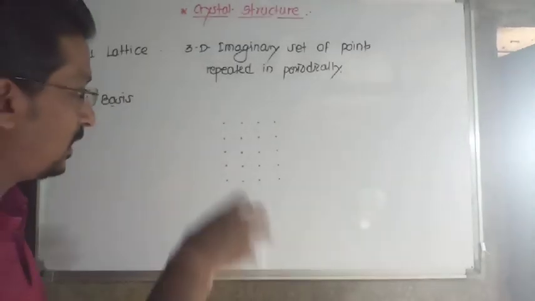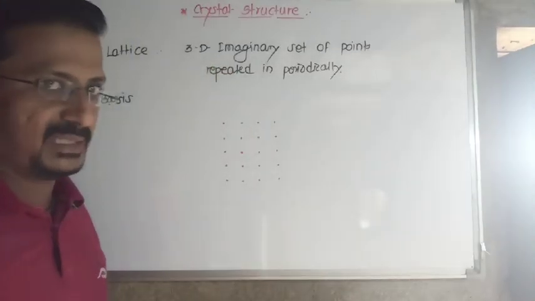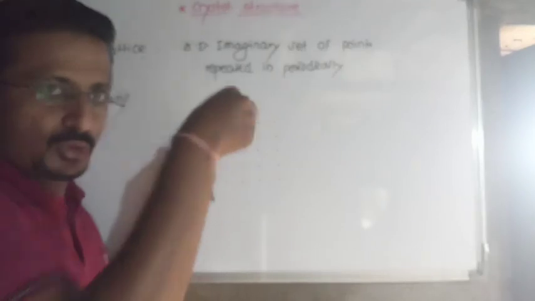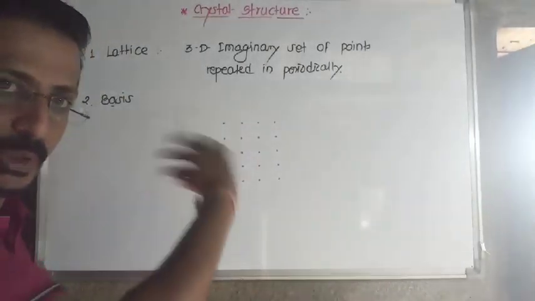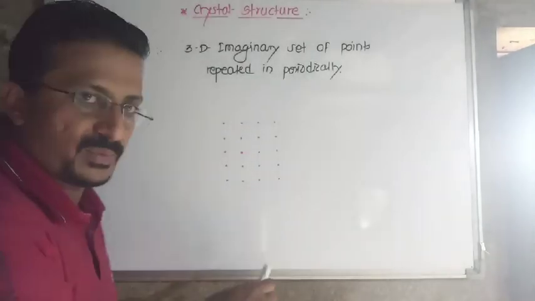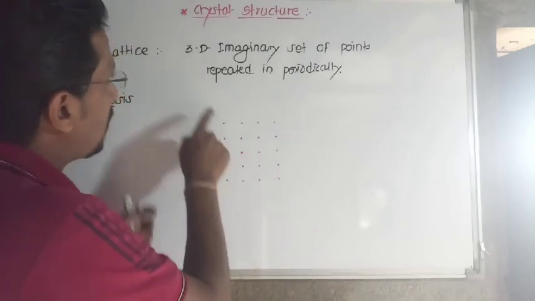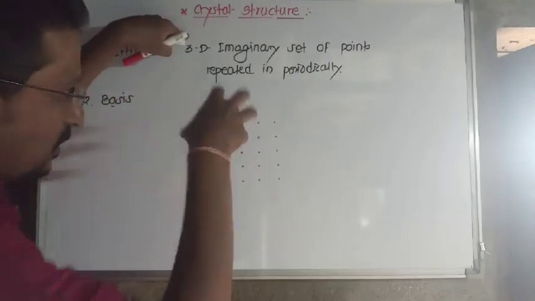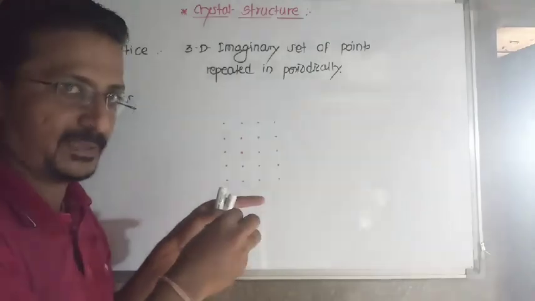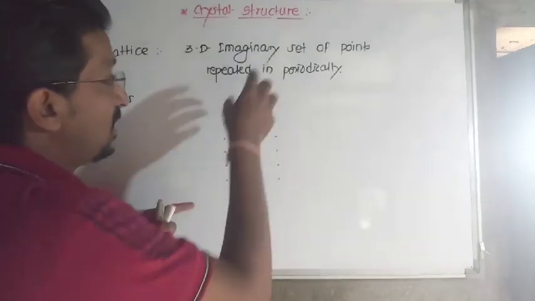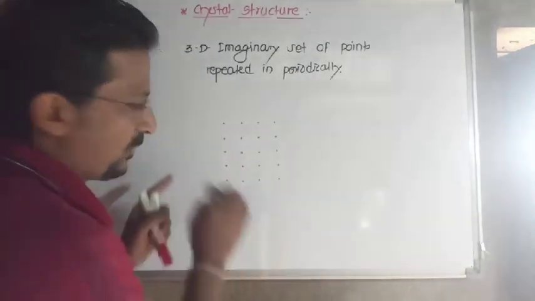If we consider the z-axis, above the blackboard or below the blackboard, you extend the same dots, and then it is three-dimensional. Just imagine that above the blackboard also we place some points. Then the three-dimensional imaginary set of points is the whole set of points.